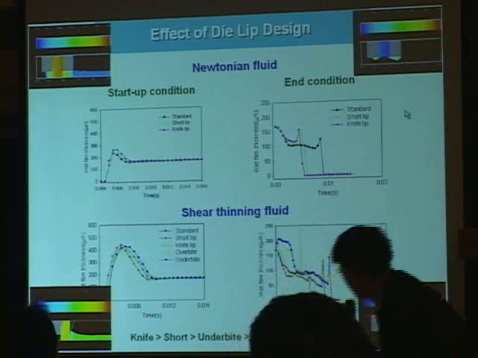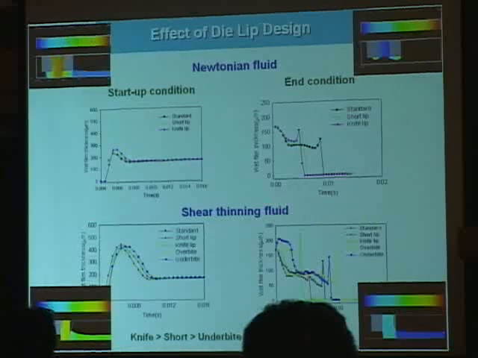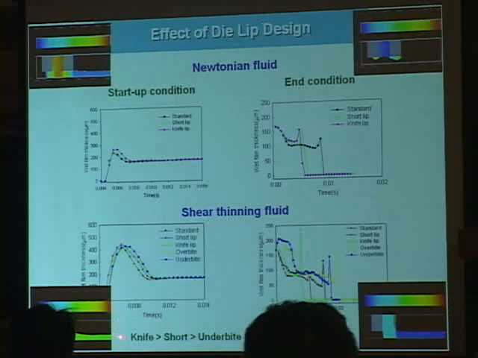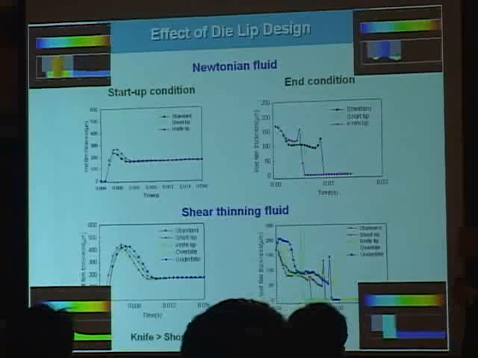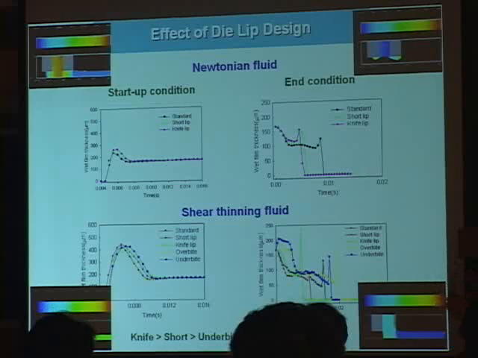Using this information, we compared the defect lengths for Newtonian fluid and viscoelastic fluid in various die designs. We found that the tight die or short downstream ribs gives longer uniform coating lengths within one coating unit.